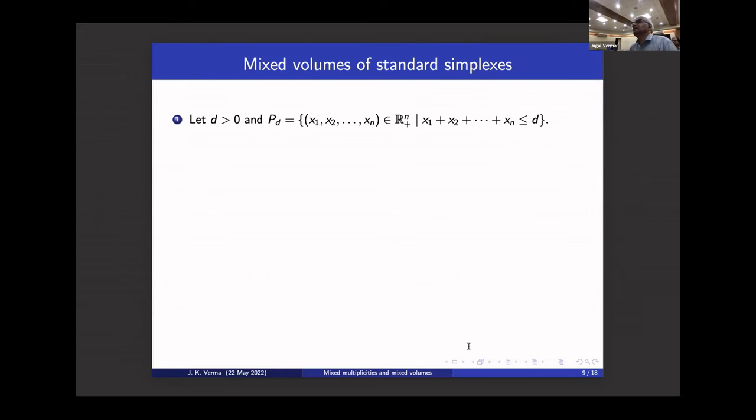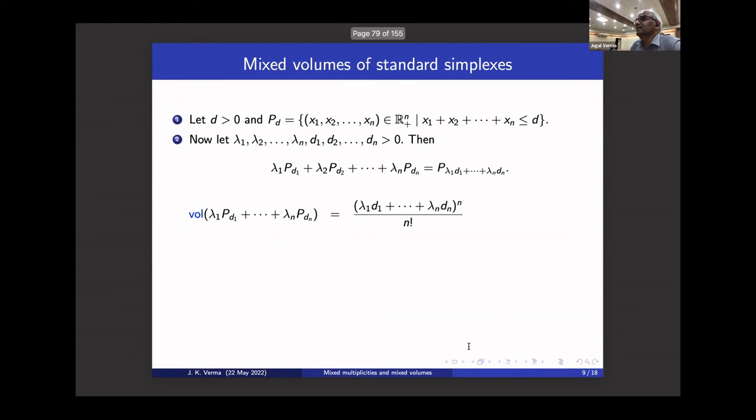Okay. So let me show you this calculation of mixed volume because I need it in the next result. Take the standard simplex P_d, where the sum of the coordinates is less than or equal to d, and the coordinates are non-negative real numbers. And take n real numbers d_i which are positive. Then this Minkowski sum of these simplexes is a simplex, namely lambda 1 d1 plus ... lambda n dn, because if x1 plus x2 plus ... xn is less than or equal to d, and y1 plus y2 plus ... yn is less than or equal to e, their sum is less than or equal to d plus e.